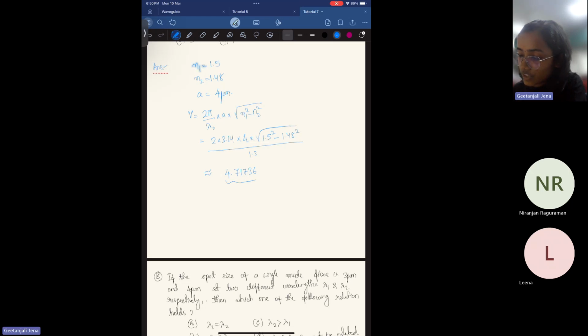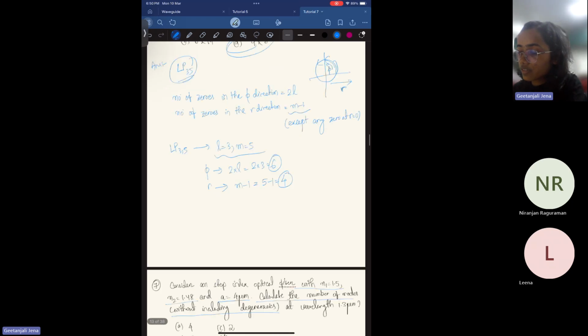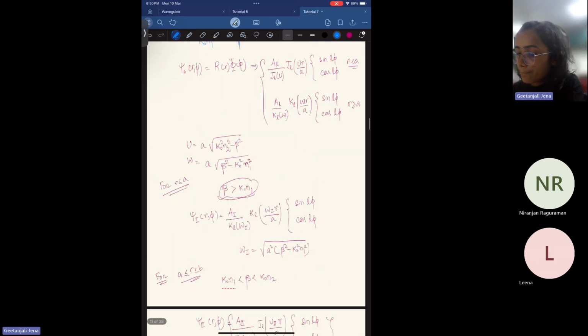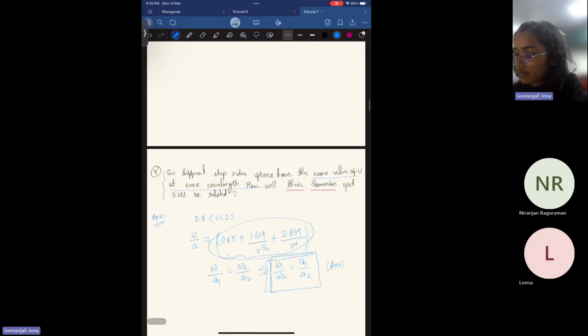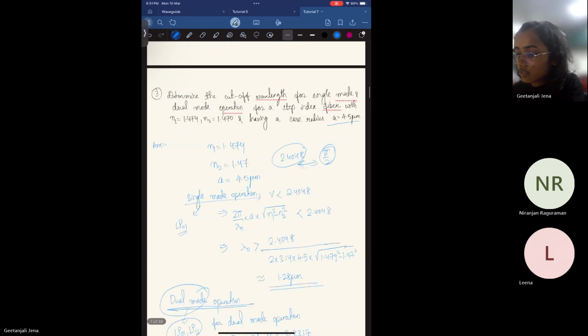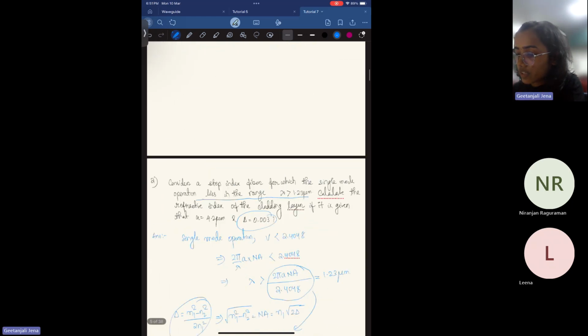Which means the value of V is between 3.83172 and 5.1356. If you see the graph, we have one plot.